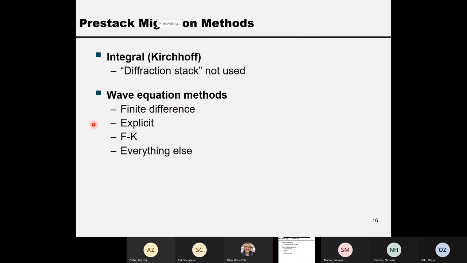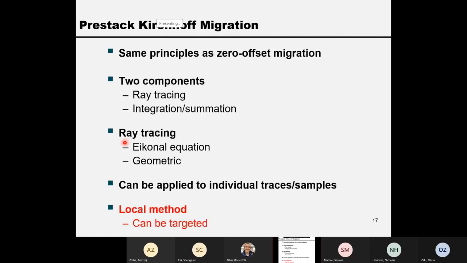And the explicit method we can do up to 45 degrees because we include the fourth order in the calculation. And the FK we can do up to 90 degrees, right? So this is what we learned for post-stack, and pre-stack is the same thing here. The details of the implementation will be slightly different, but the principle is the same.